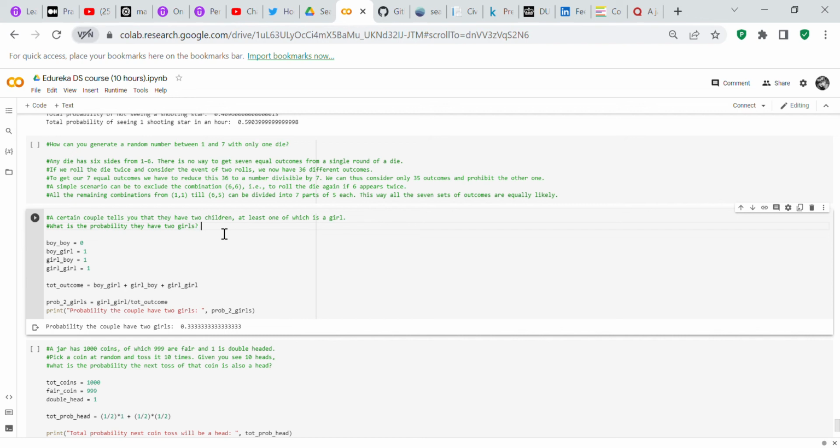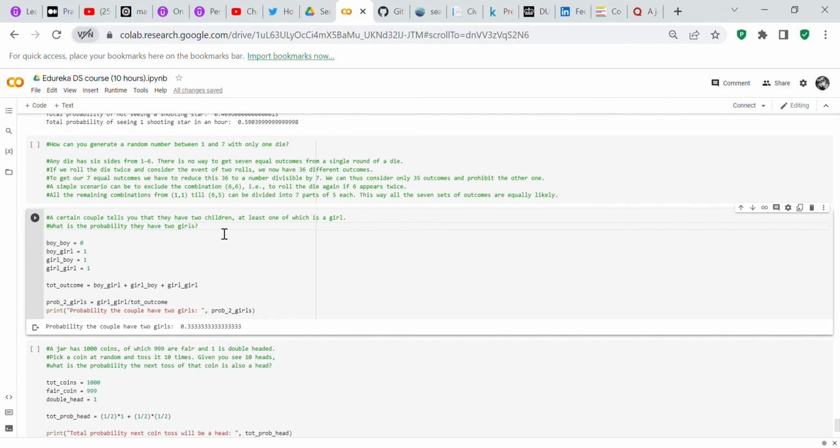But what you want is the probability of a girl and a girl. So the total outcome is boy girl plus girl boy plus girl girl, so that's going to be 3. So prob 2 girls equals girl girl over total outcome, so that's going to be 1 over 3.